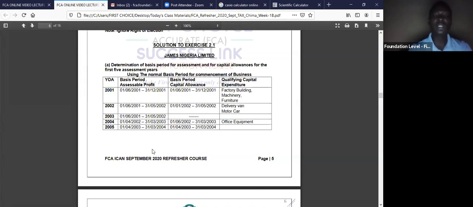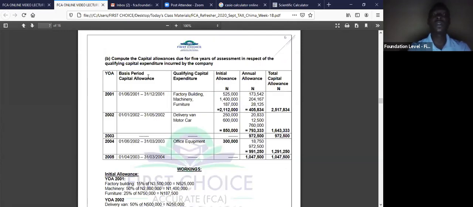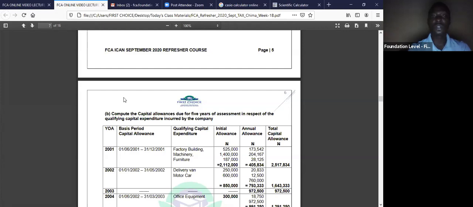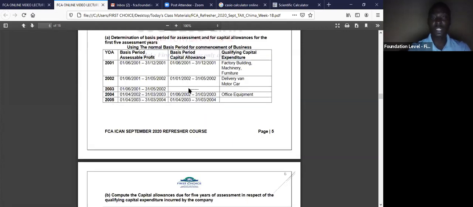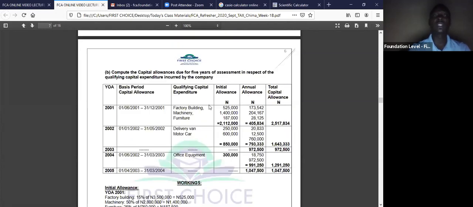So let's see what we did here. Can you see year of assessment, basis period? Yes, we still used the basis period, this capital allowance. Fine, we still used it just because we are calculating initial allowance.